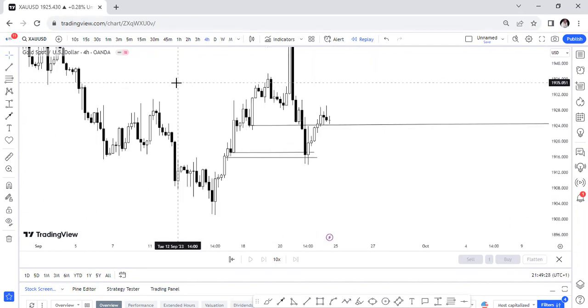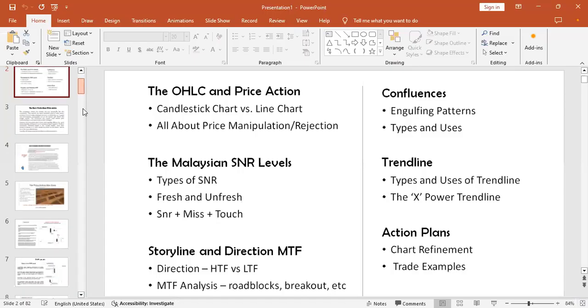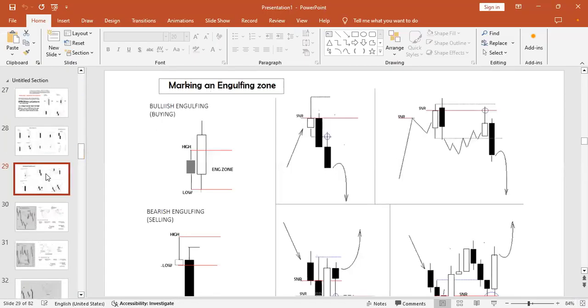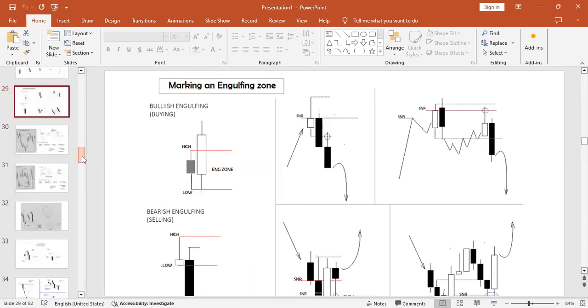So we will not be able to go into this, maybe peradventure when the manual is out, you see how to do your entry, your setup confirmation, your entry confirmation, which I've really dealt with in the manual.